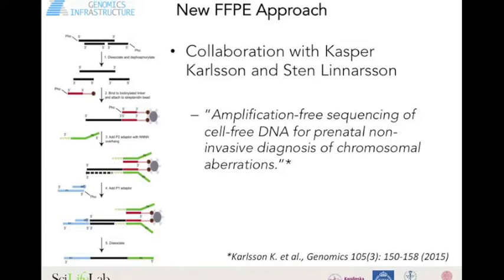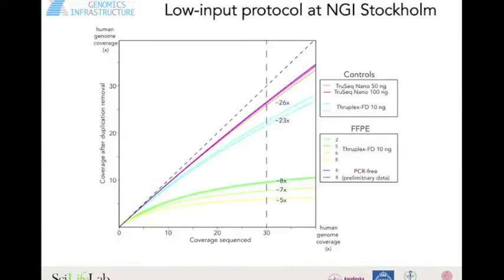This is preliminary data, but we did make preparations from the same complicated samples, 6 and 8. These were the old ones, and now in purple we have PCR-free library preparations of the same samples, and they turn out very, very complex, obviously because they are PCR-free.